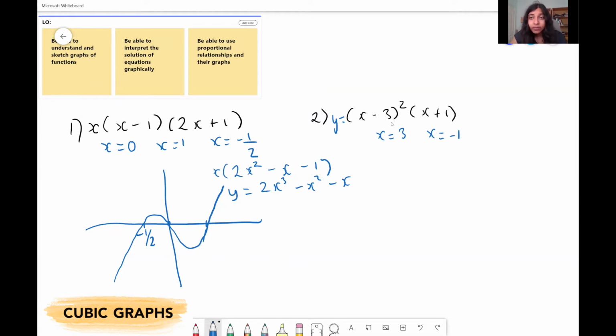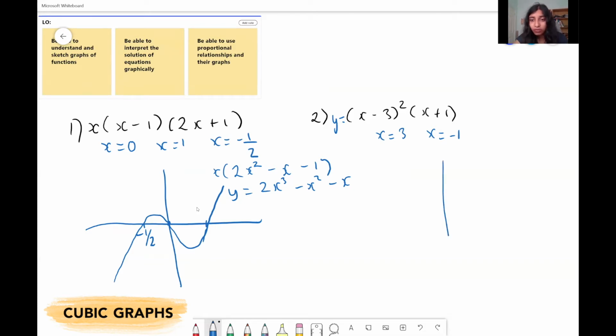Now, because it's x minus 3 squared, x equals 3 would appear twice. So this is what's called a repeated root. And if there's a repeated root, then instead of going through these points once, you'll just sit on the point, if that makes sense, because it's a repeated root.